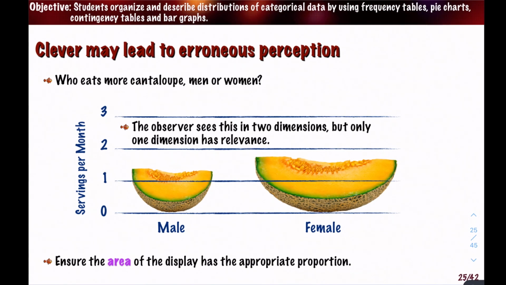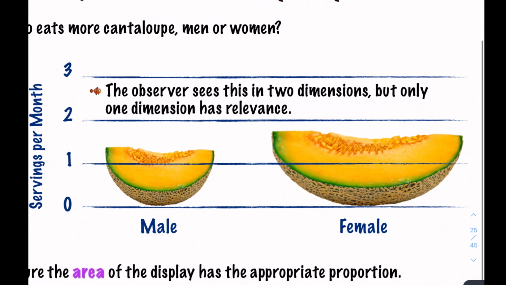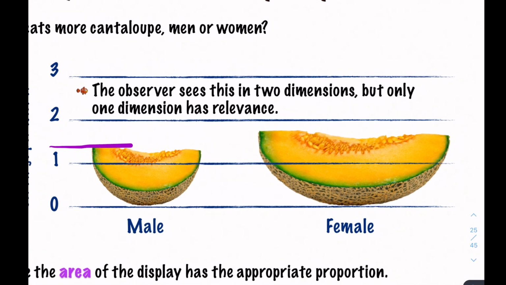Likewise, if I presented this chart and asked who eats more cantaloupe, men or women, it's hard to tell that these are drastically different. The male is a bit over 1, and the female is still under 2.